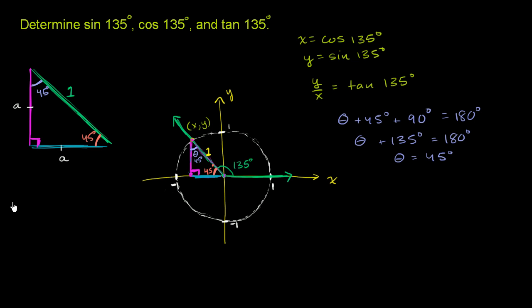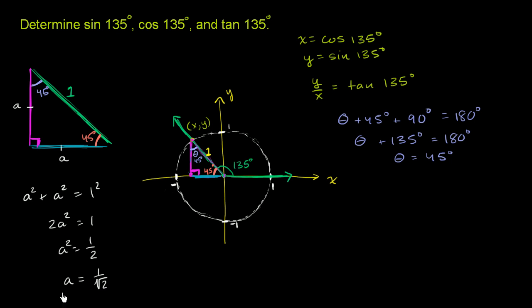So using the Pythagorean theorem, what do we get for the value of a? Well, we have a squared, this a squared, plus that a squared, must be equal to the hypotenuse squared, which is just 1 squared. Or we get 2a squared is equal to 1. Or divide both sides by 2, you get a squared is equal to 1/2. Or take the square root of both sides, you get a is equal to 1 over the square root of 2.